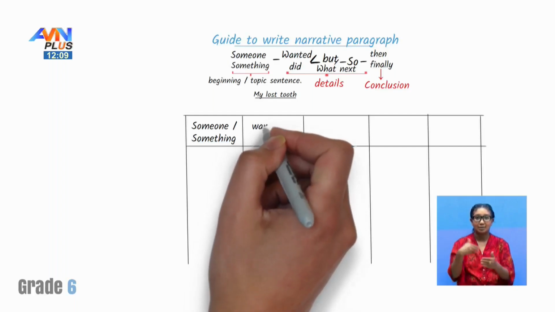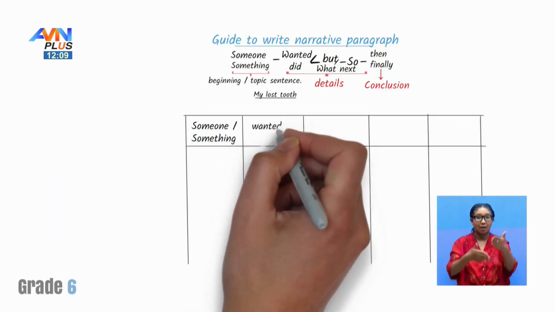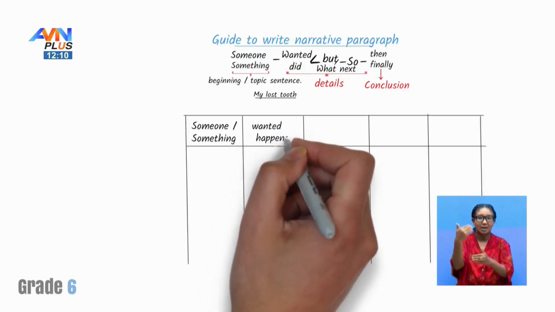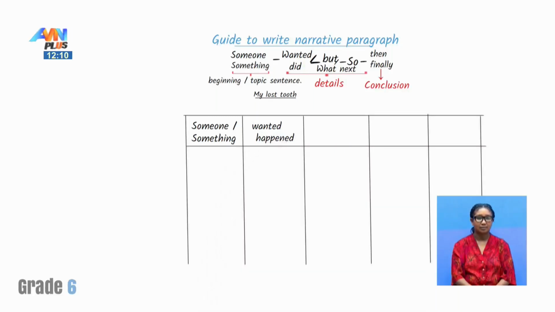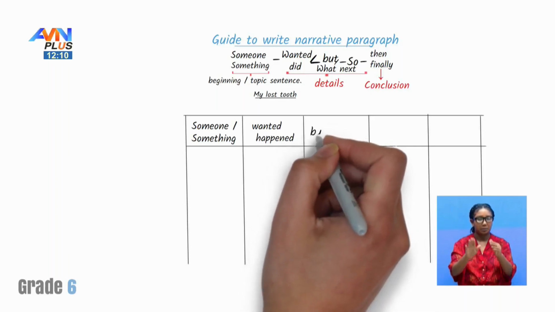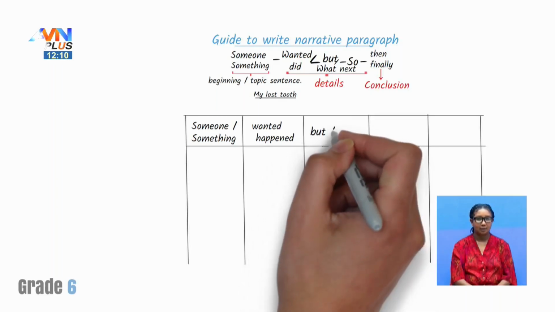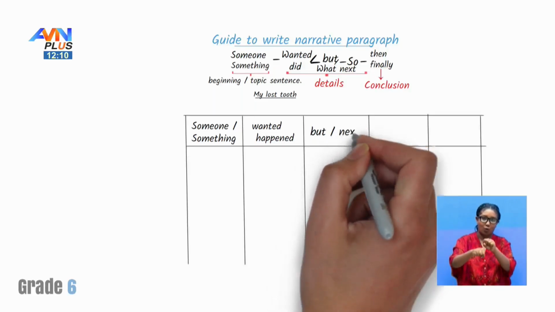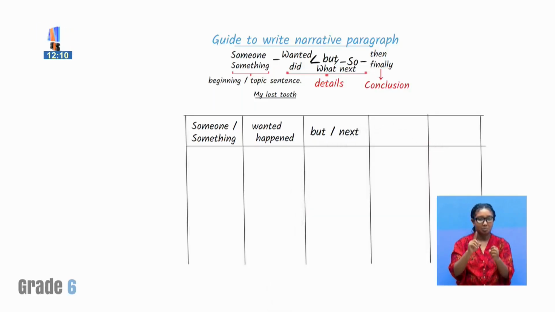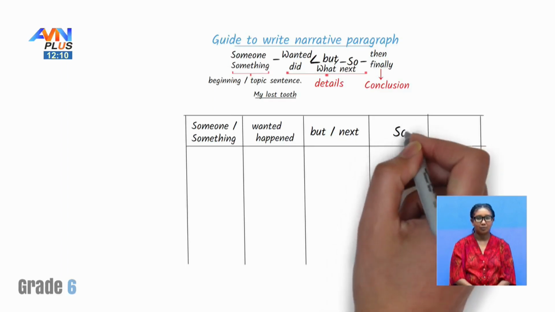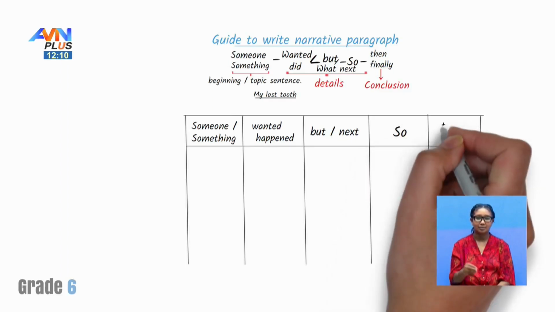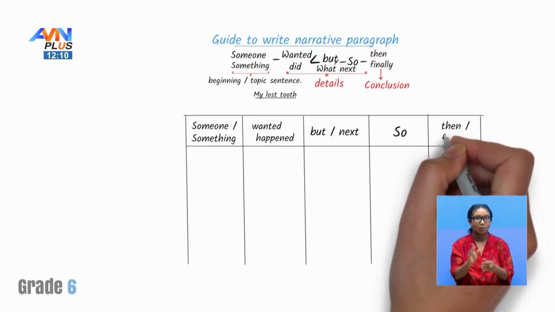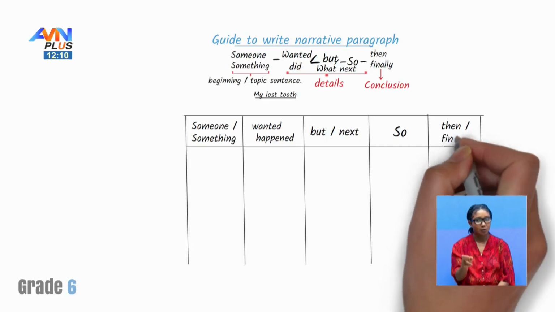And then, look, the third step is but or next. Yeah? But or next. Okay. What happened next? All right? And then the other one is so. We are almost running to the edge, to the last part. So, yes? And we need to have what? We need to have conclusion. So we say what? Then or finally.